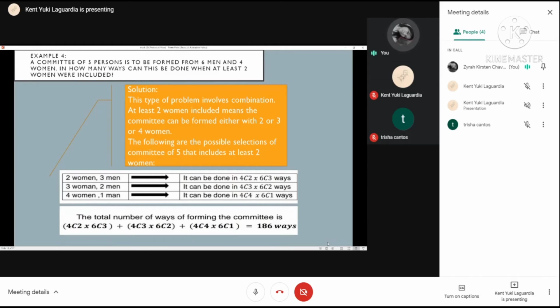The total number of ways of forming the committee is 4C2 times 6C3 plus 4C3 times 6C2 plus 4C4 times 6C1, which equals 186 ways.